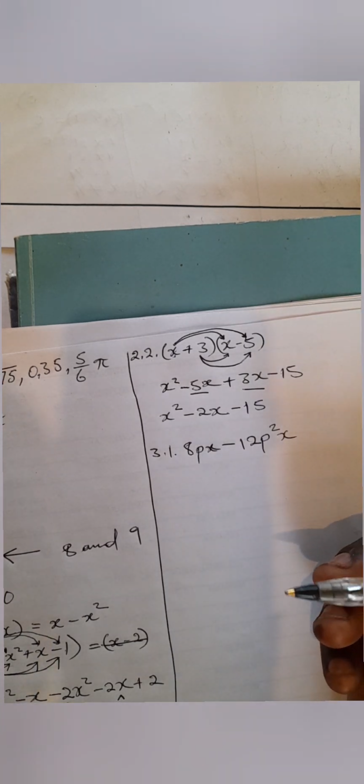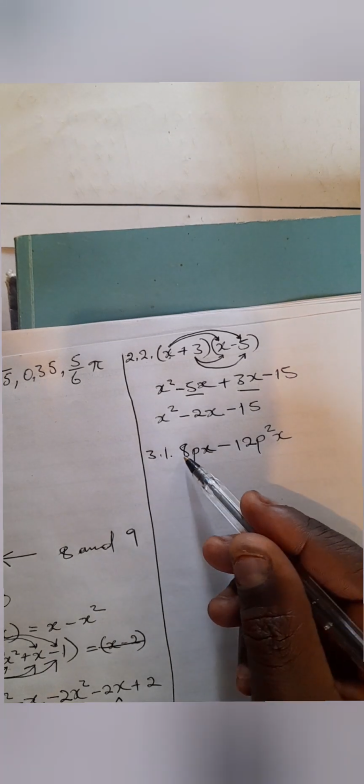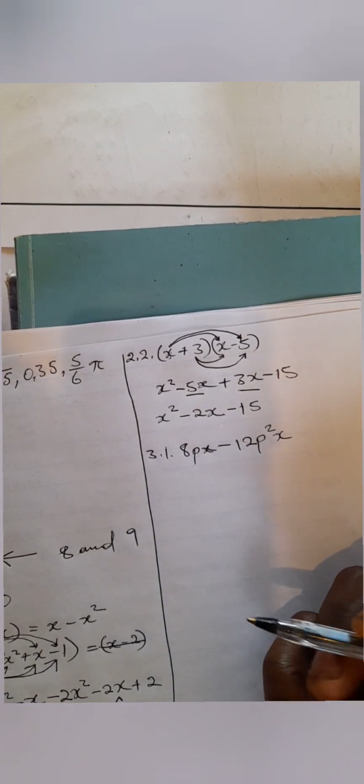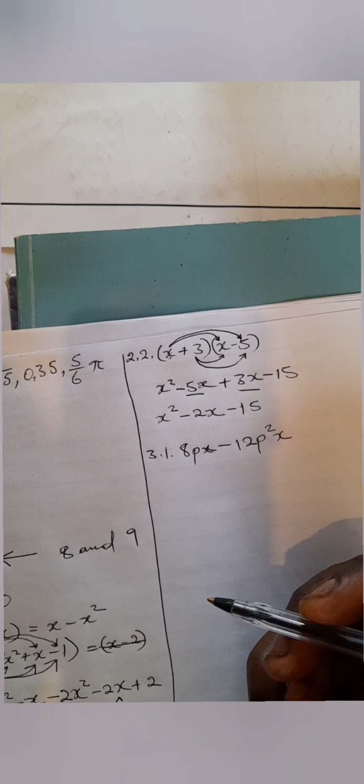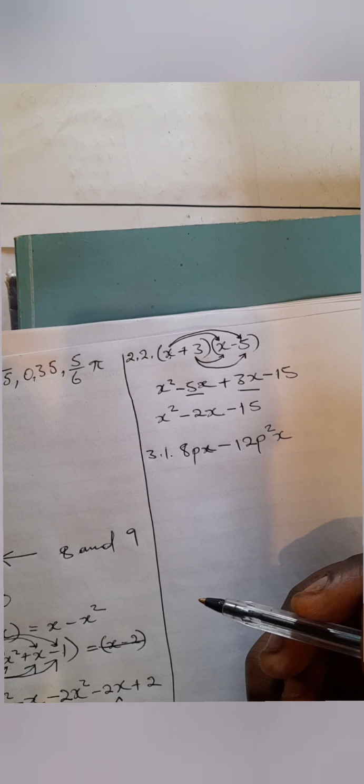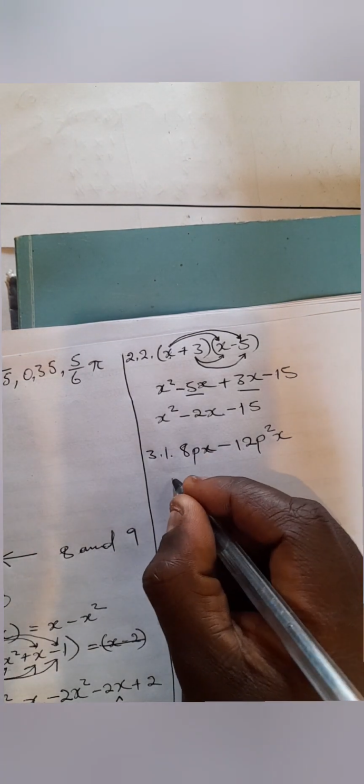I see a common factor of 4. What is the lowest common multiple between 8 and 12? I think 4 will work.